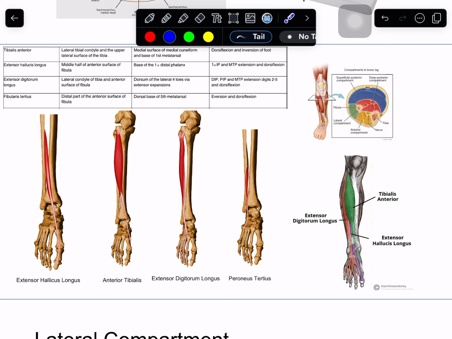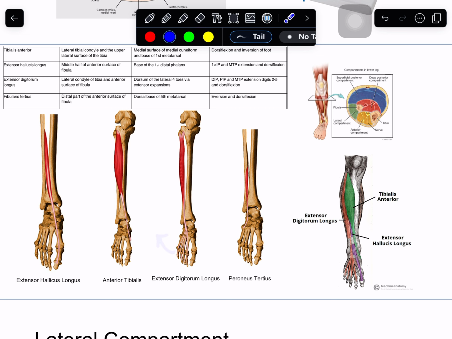And then our extensor digitorum longus is going to aid with dorsiflexion as it crosses the ankle, but beyond that it will also extend digits 2 through 5, which is a separate action. Additionally, more of a secondary action, it's going to aid with some eversion.